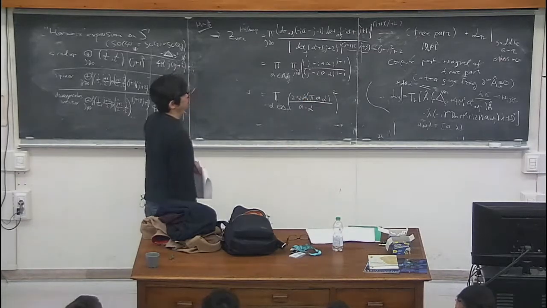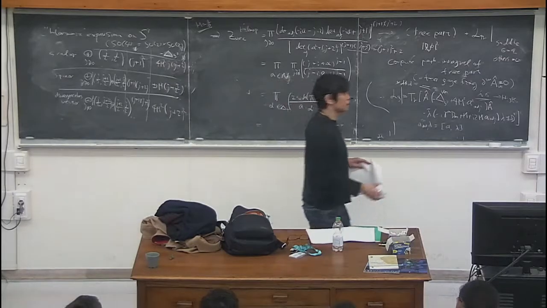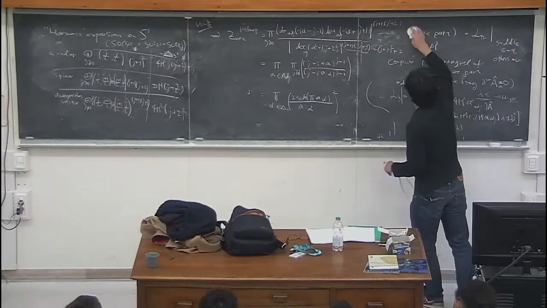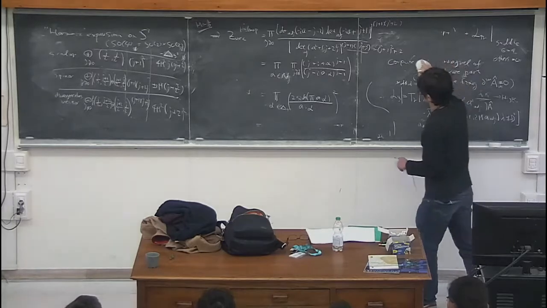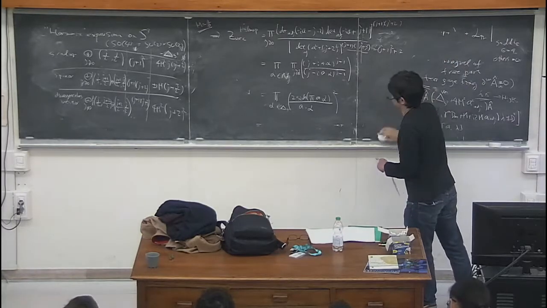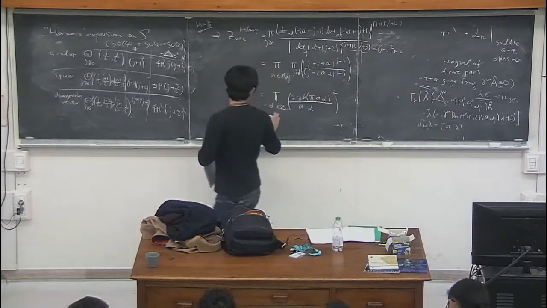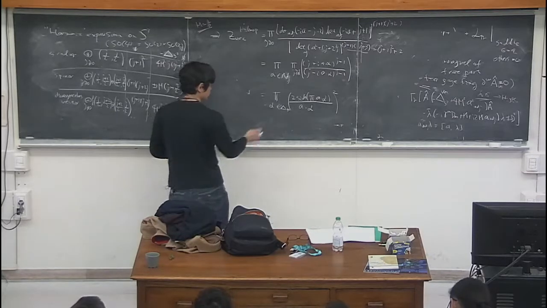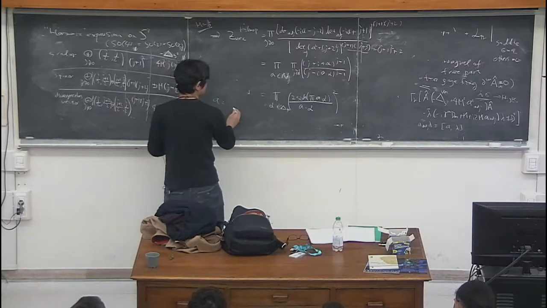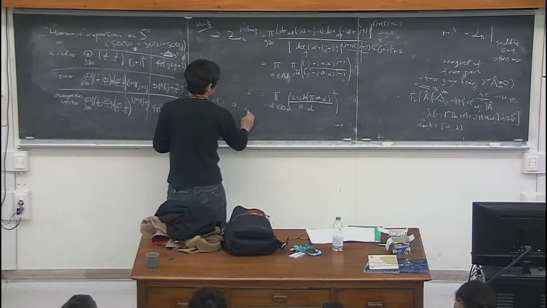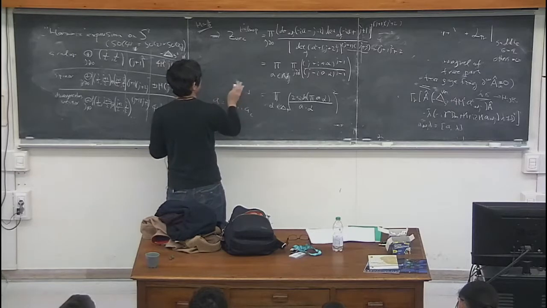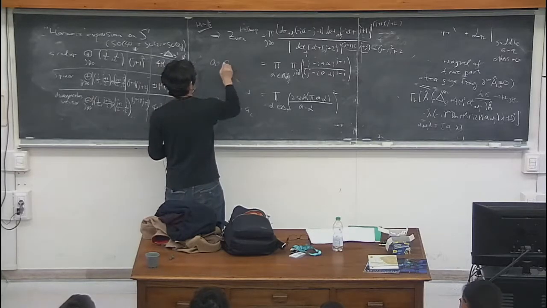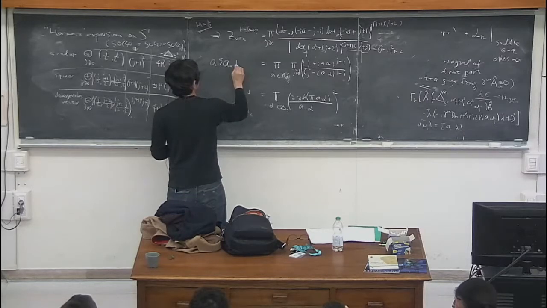This is the result for the one loop determinant for any gauge group. Here delta plus means the positive roots, and it's a product over the positive roots. For example, we expand A in H A. This is a Cartan.